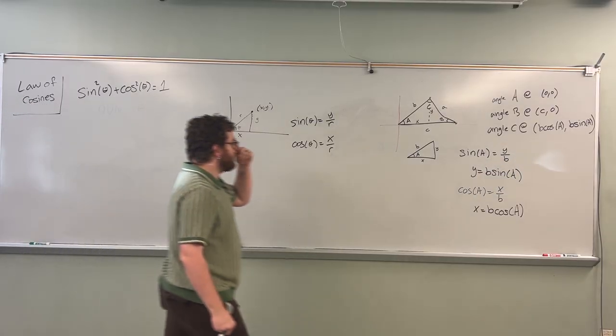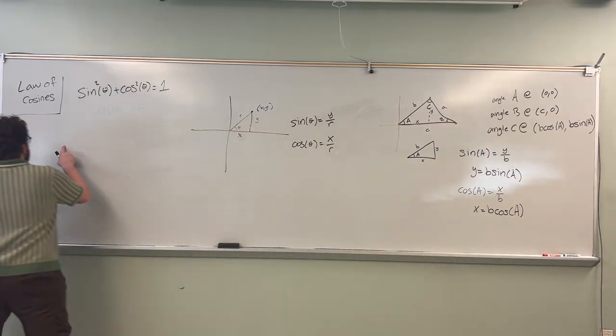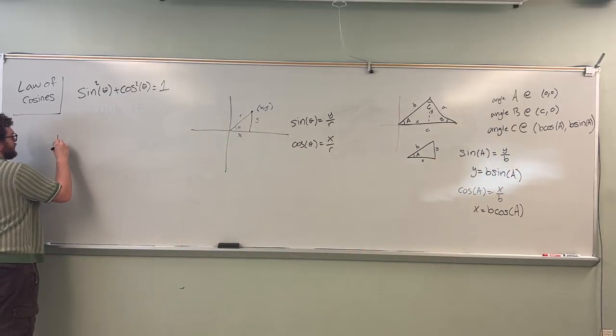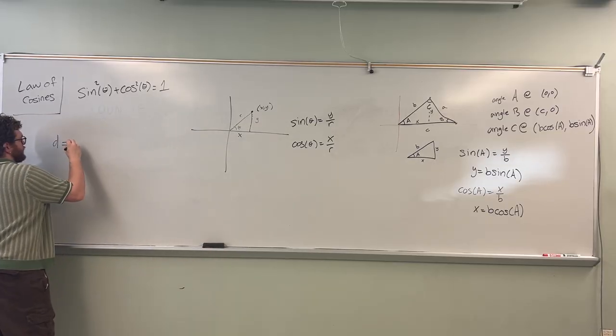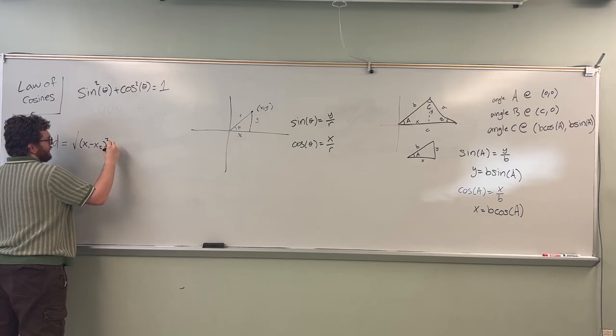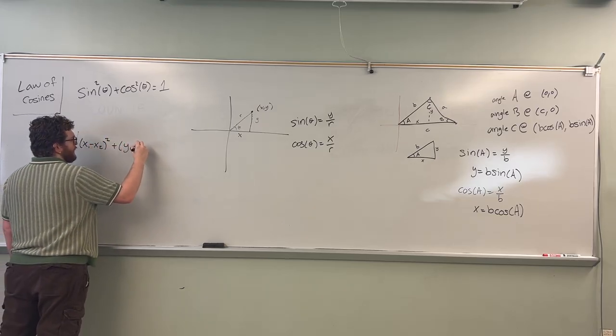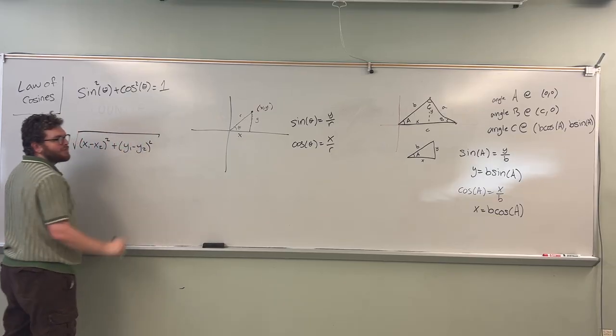So I have the difference between these 2 points. Remember that the distance between 2 points is the square root of the difference of their x values squared plus the difference of the y values squared. Right? That's just rewriting the Pythagorean theorem fancy.